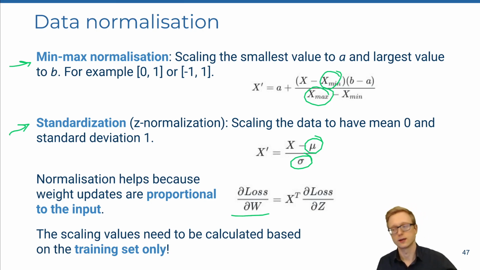You then apply the normalization on the training set, and then once it's time to apply the normalization also on the test set or the validation set, you use these same constants that you calculated on the training set. You don't calculate new ones, because otherwise you might end up normalizing your test data differently than your training data, and that would not lead to good results.